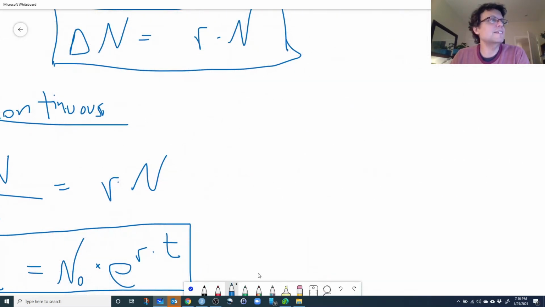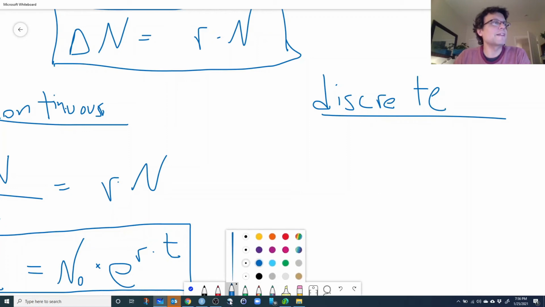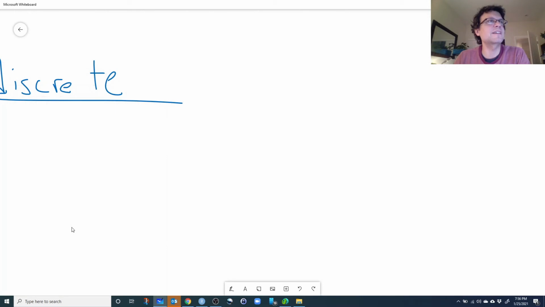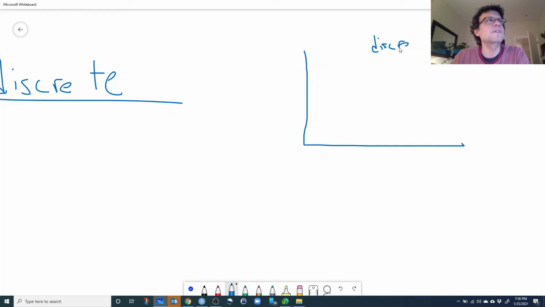Let's think about discrete population growth. So discrete is the other way we can model population growth. Discrete population growth. And what do we mean by that? Well, let me just get myself a little more white space here, and I can represent discrete and continuous growth graphically.